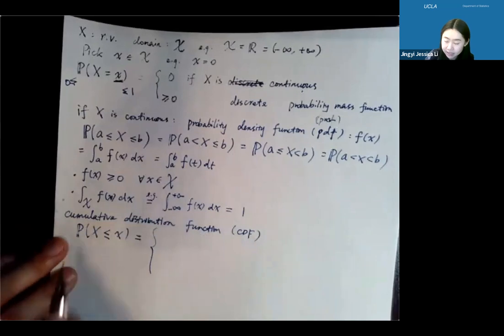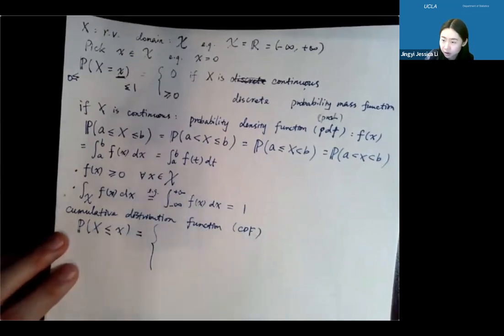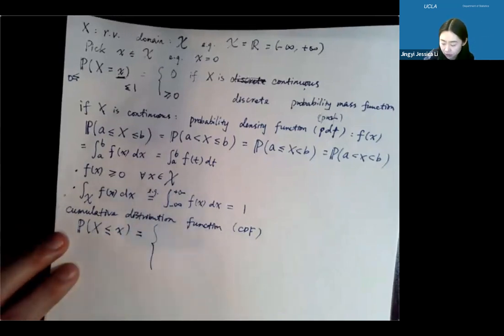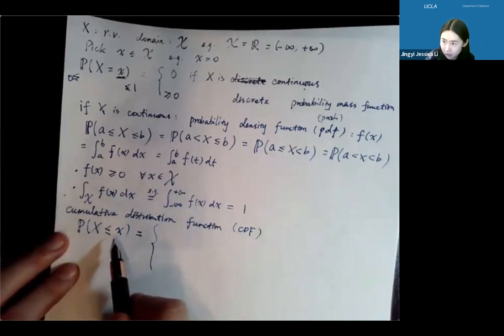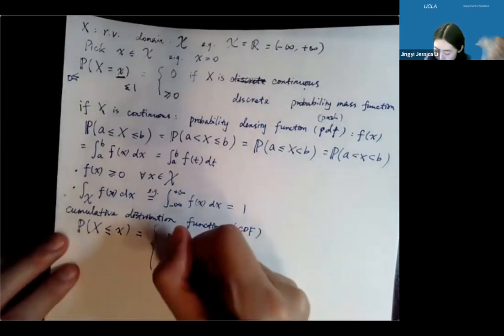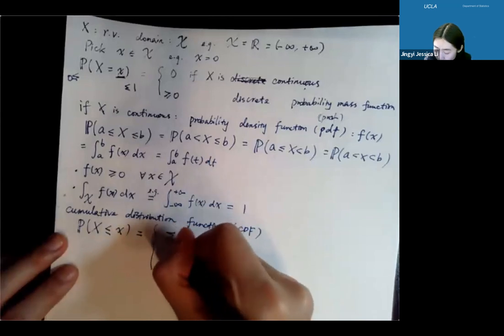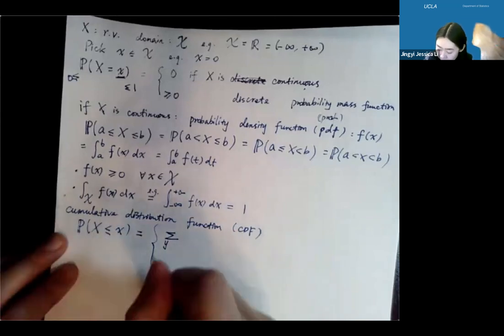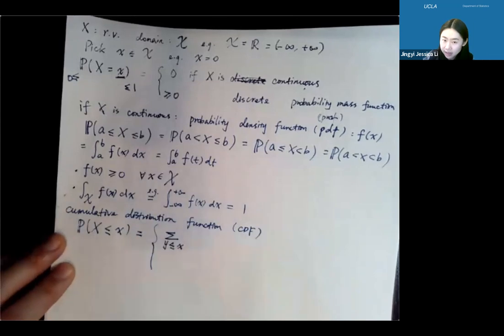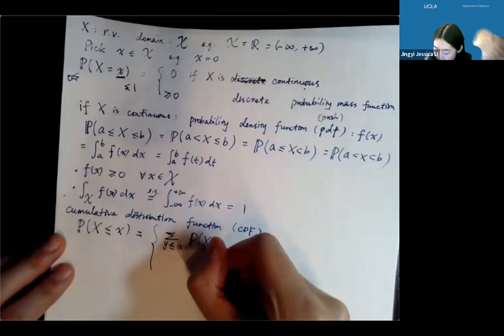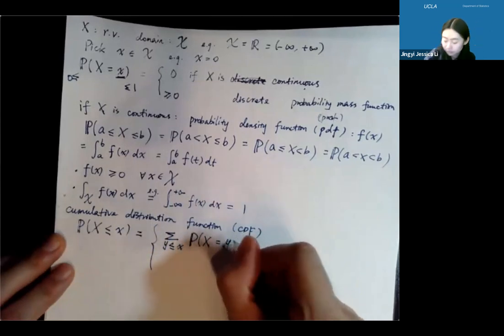So for this probability, if it's a discrete random variable, then we can just enumerate all the possible values under small x. So what I can do is write this as the sum, over any value y that my big X can take from the domain under small x, of the probability that my big X is equal to y.